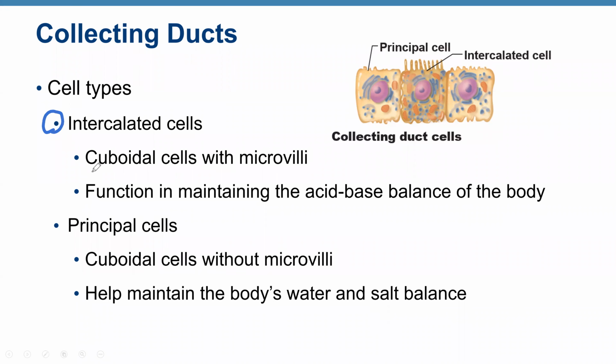Intercalated cells are cuboidal cells with microvilli and function in maintaining the acid-base balance of the body, and principal cells are cuboidal cells without microvilli and help maintain the body's water and salt balance. More numerous are principal cells for water and salt balance, and less numerous intercalated cells for acid-base, or pH, balance.